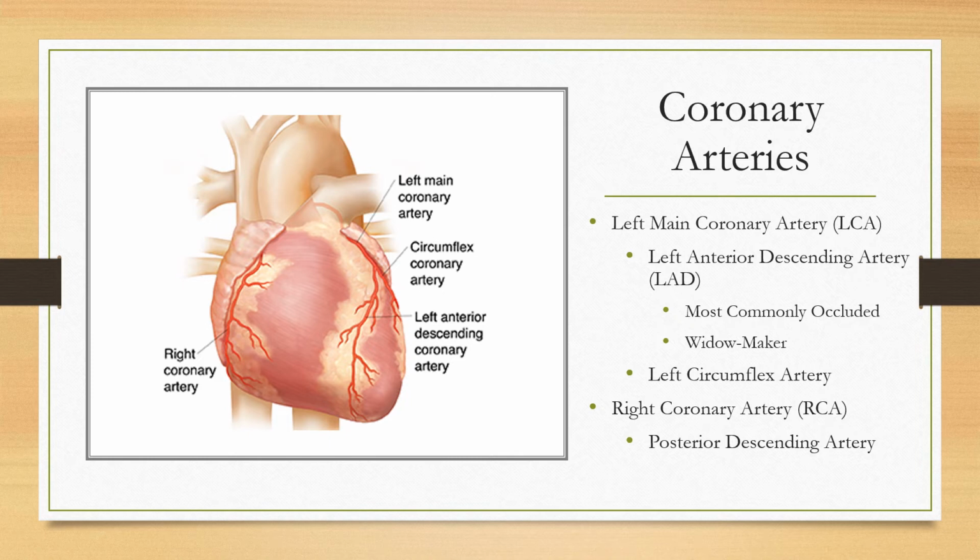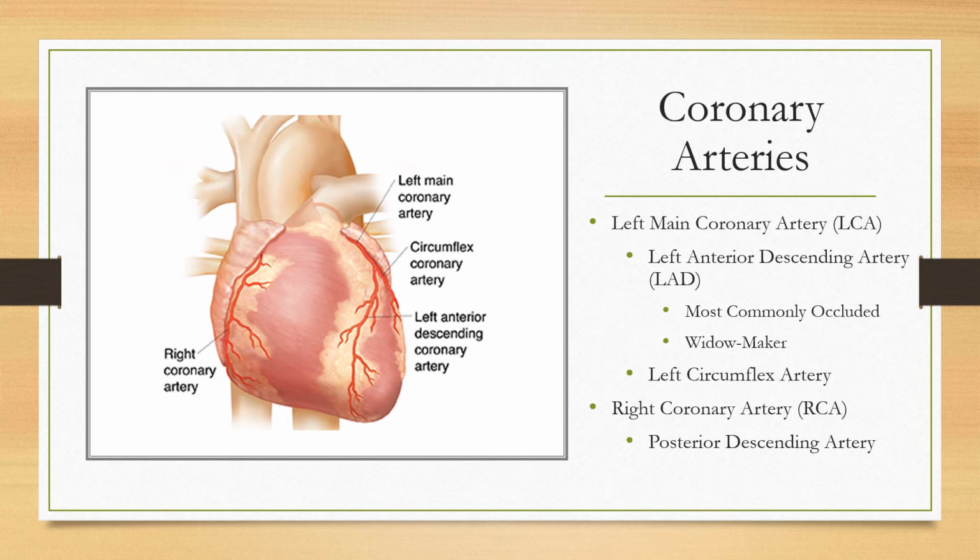Okay, so the left main coronary artery, or the left coronary artery, branches off into a large branch that goes down the front of the heart called the left anterior descending artery. And the rest of it wraps around the left side of the heart, called the circumflex artery. The left anterior descending artery is a pretty important artery because it feeds the left ventricle, the major pumping of the heart.